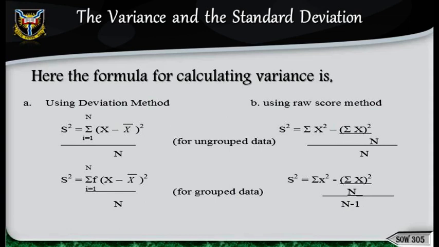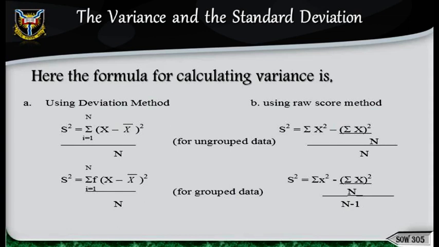Here, the formula for calculating variance is: A. Using the deviation method, for ungrouped data, s squared equals the sum of (x minus x bar) squared all over n. For grouped data, s squared equals the sum of f times (x minus x bar) squared all over n.